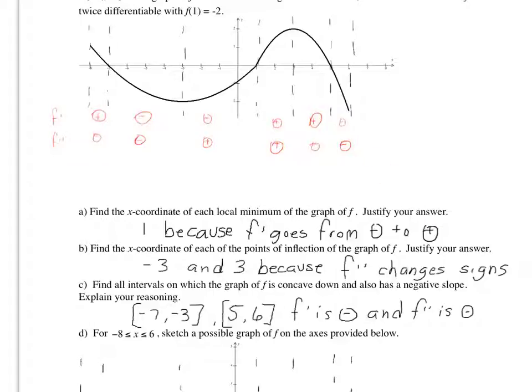So the only place that this occurs is when f prime is negative and f double prime is also negative. So from -7 to -3 and 5 to 6 down here, because sooner or later it's going to go up.